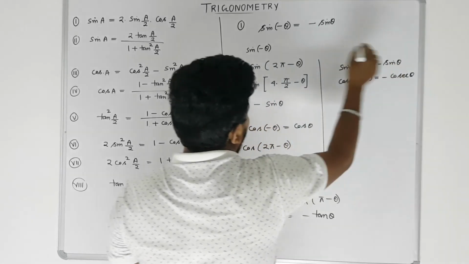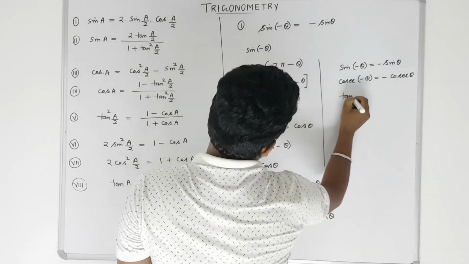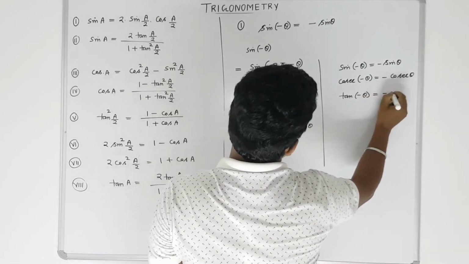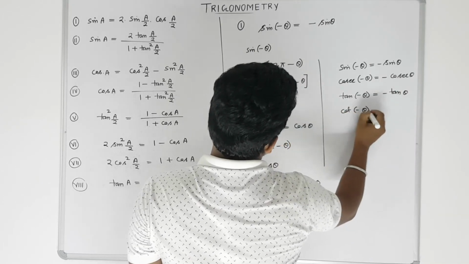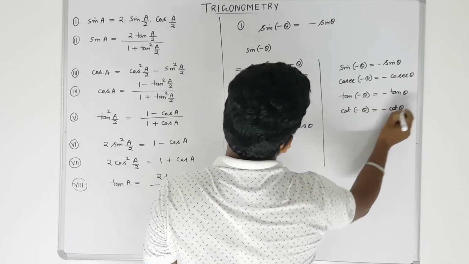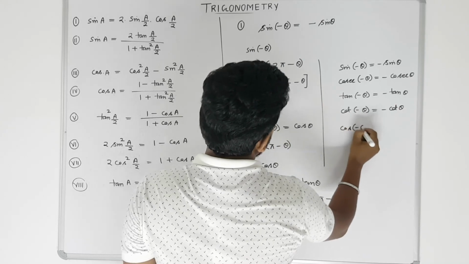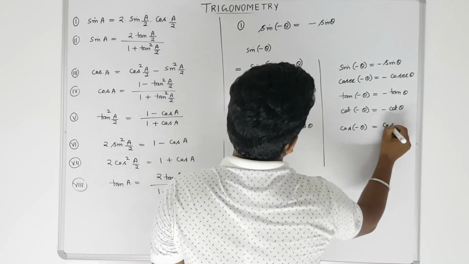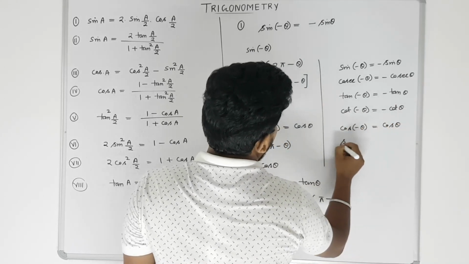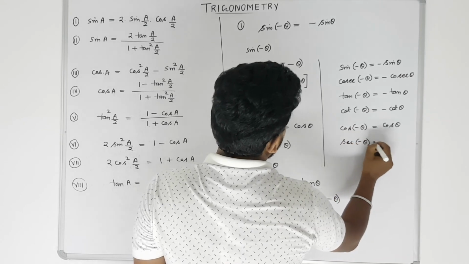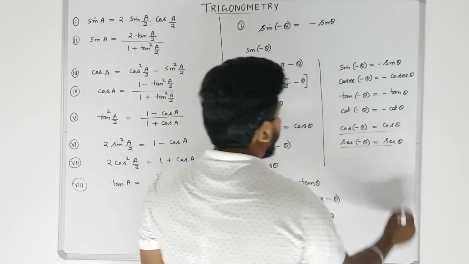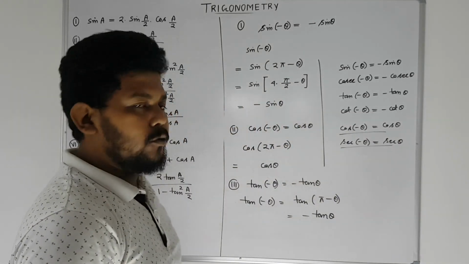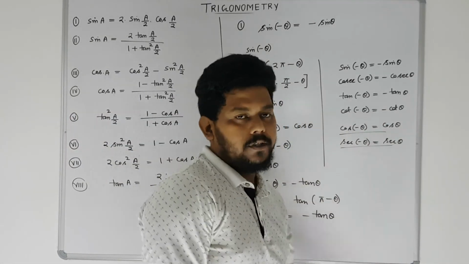They exhibit similar properties. Tan of minus theta is equal to minus tan theta, cot of minus theta is equal to minus cot theta, cos of minus theta is equal to cos theta, and sec of minus theta is equal to sec theta. In fourth quadrant, the values of cos and sec are positive. That's why these are positive.